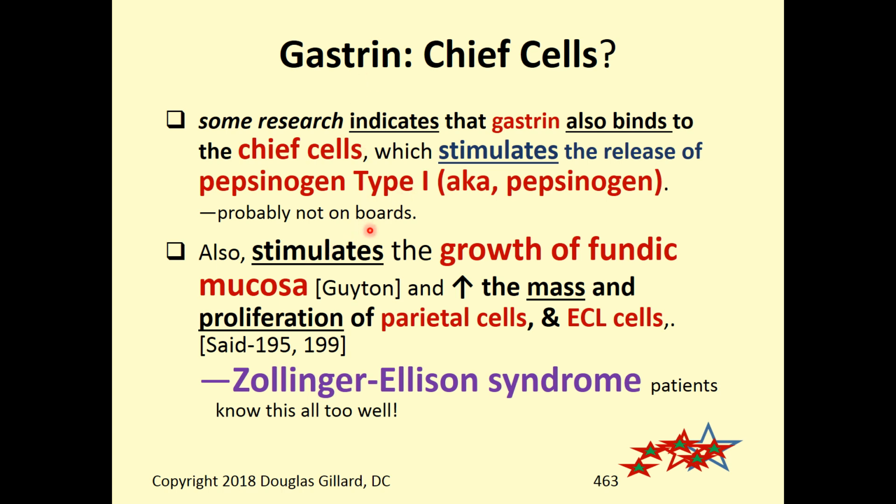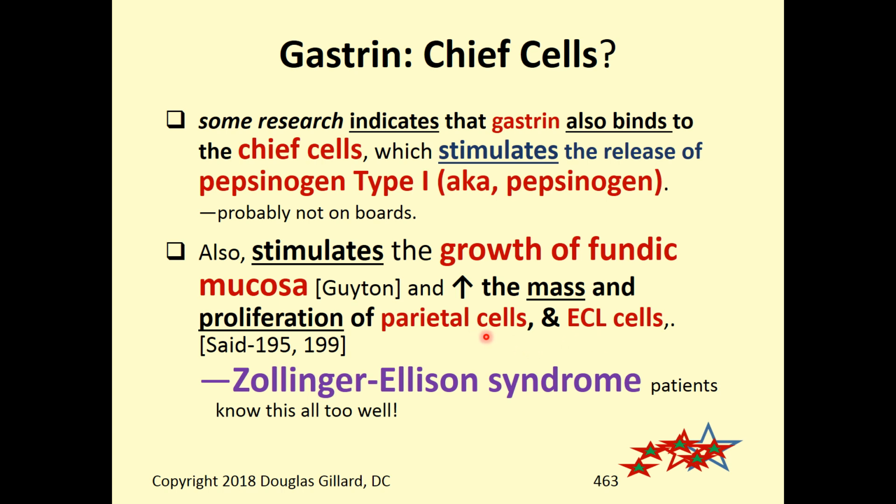Gastrin is interesting because it's a hormone that causes growth and development. So it stimulates the growth, the thickening of the fundic mucosa, and can increase the size, the mass, and even the number of parietal cells and ECL cells. Remember, gastrin binds to parietal cells and binds to ECL cells.